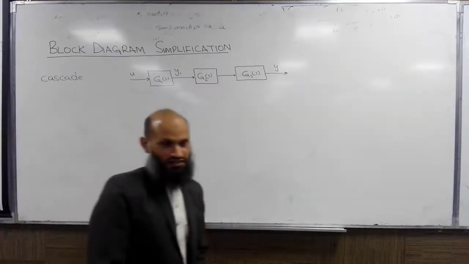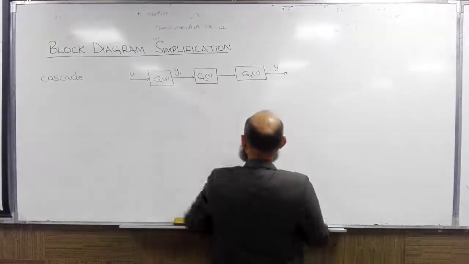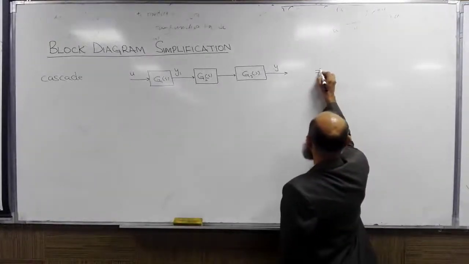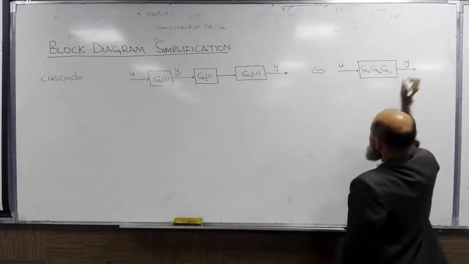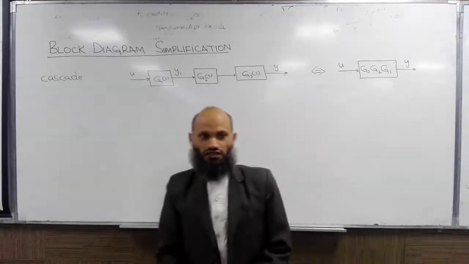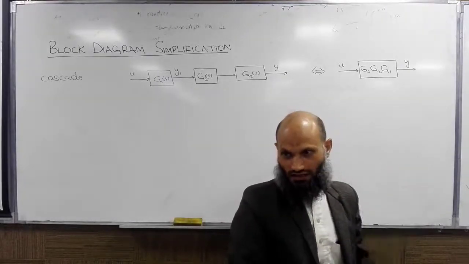So if you have systems connected in cascade, then this system is equivalent to this system. That is, we simply multiply the transfer functions to obtain a single transfer function.